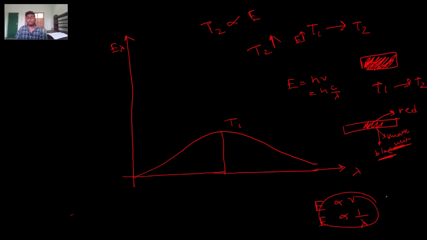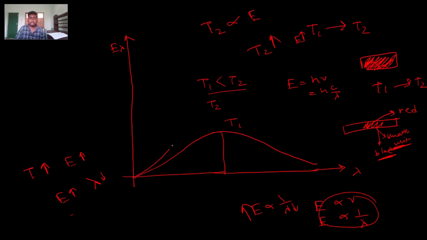If T is increasing, E is also increasing, and if E is increasing, lambda is decreasing. So we expect that if T2 is greater than T1, the peak of T2 will appear somewhere here.